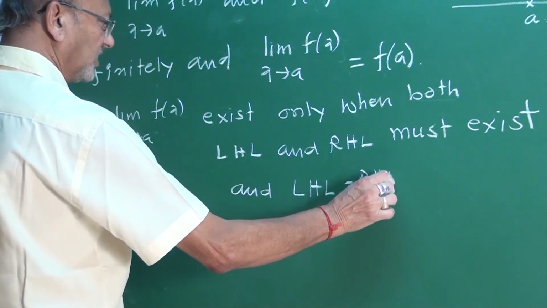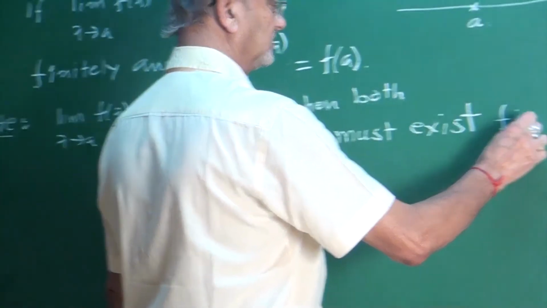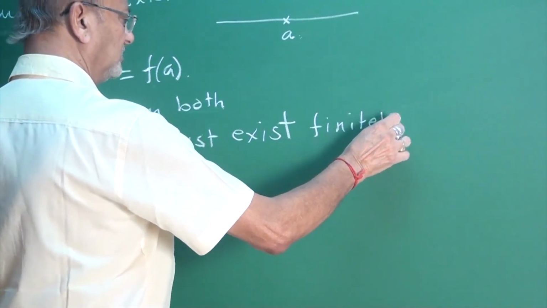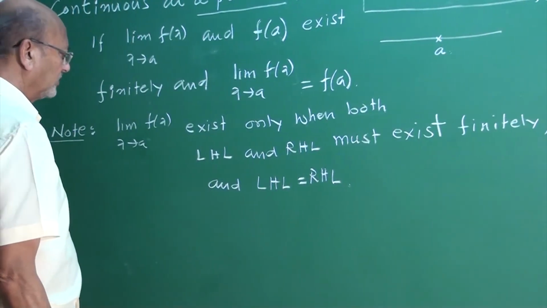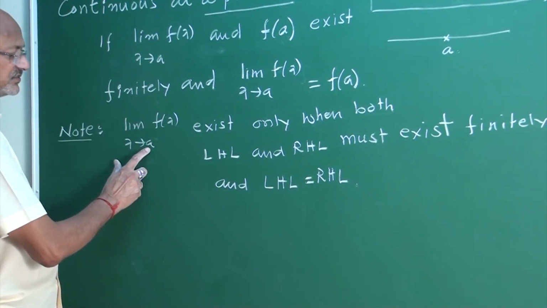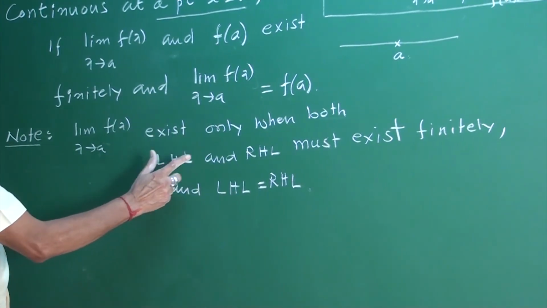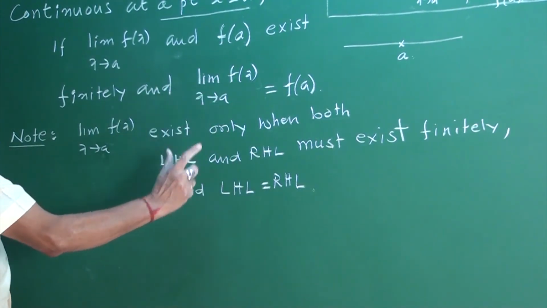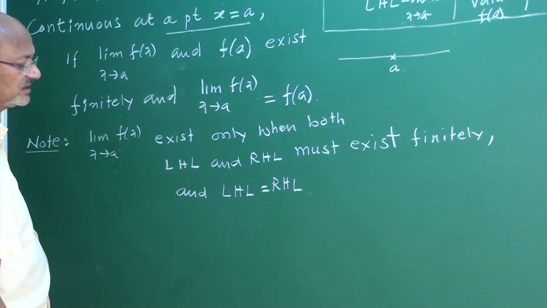LHL equal to RHL. Therefore, limit of f(x) as x tends to a exists only when both LHL and RHL exist finitely and they must be equal. Otherwise, the limit does not exist.